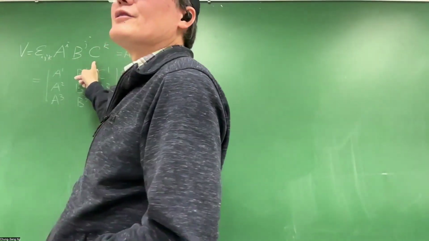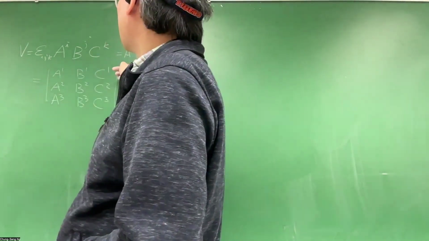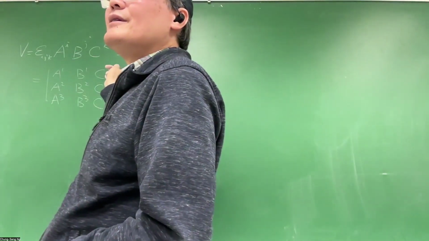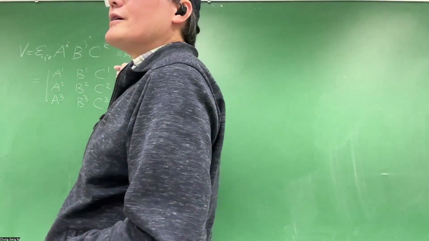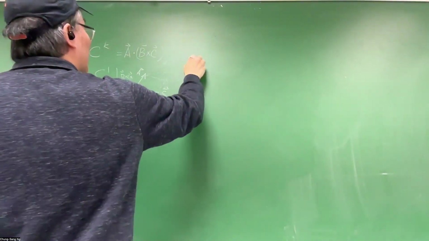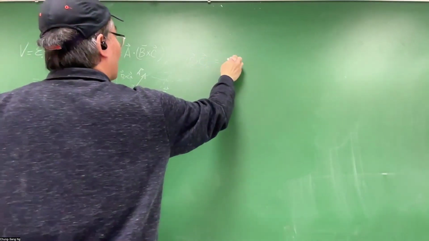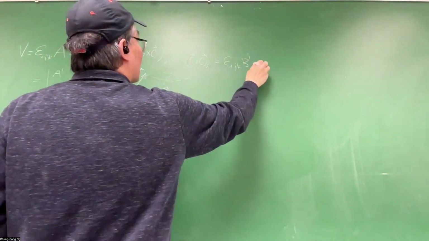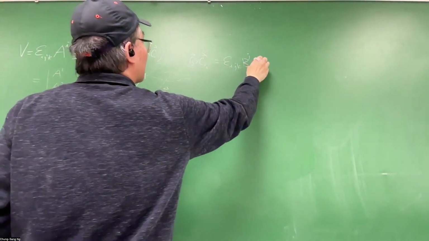Yeah, this is a definition. You can check that this is A dot B cross C, the triple product of vectors A, B, C, because the i component, according to what we have, is epsilon ijk B j C k.